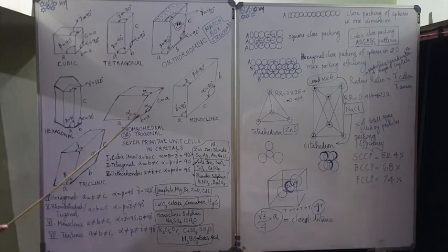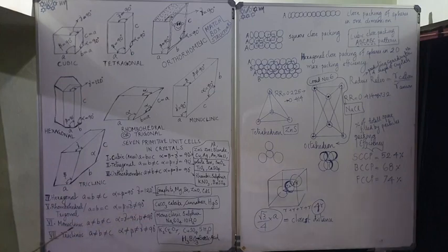Rhombohedral is having this. Look at this. Every rhombus, every side is equal. That means A, B, C is equal, and every angle is not equal to 90 degree. Not a single angle is 90 degree. That is rhombohedral or trigonal.